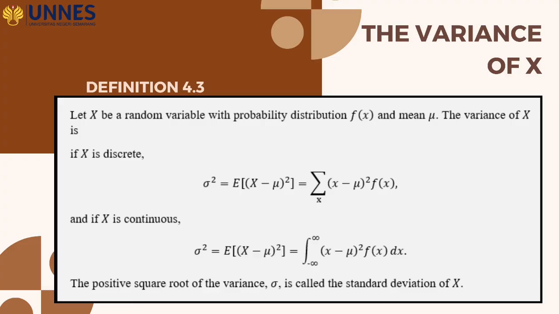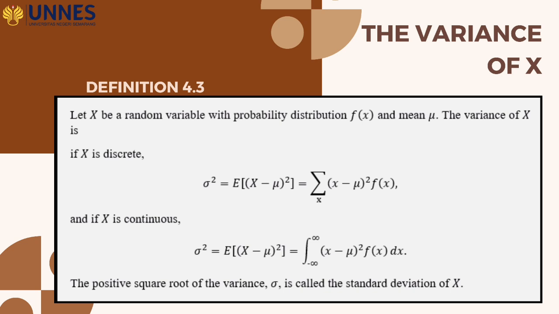The variance of X, there is the definition 4.3. Let X be a random variable with probability distribution f(x) and mean mu. The variance of X is, if X is discrete, sigma squared equal to E[(X minus mu) squared], equal to the sum of (x minus mu) squared f(x).